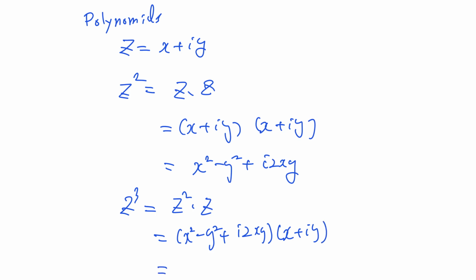Is x cubed, xy squared plus I2x squared y, ix squared y minus iy cubed minus 2xy squared.